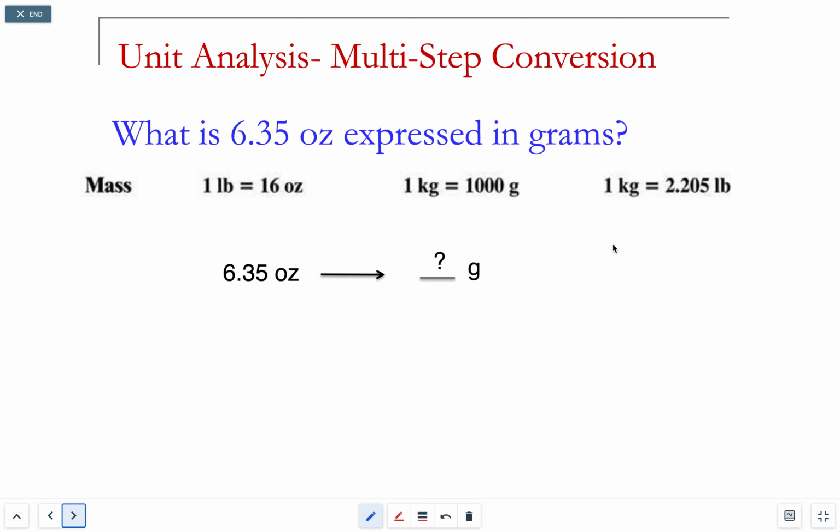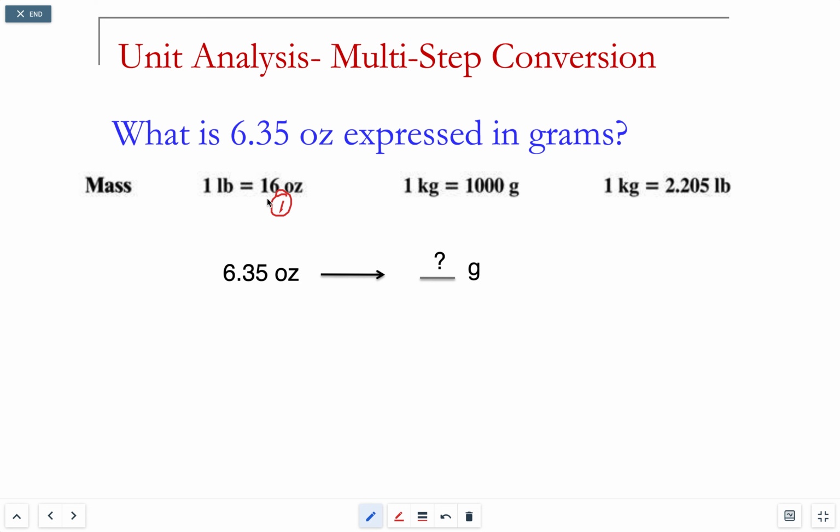So we need to build a solution map to go from ounces to grams. If we look at these 3 relations, the first thing you should do is look for one that has ounces in it. There's only one that does. It's this one. So we want to start with this relationship. And our conversion factor, we construct it so we divide both sides by 16 ounces, so that ounces is on the bottom. So the ounces is going to cancel.